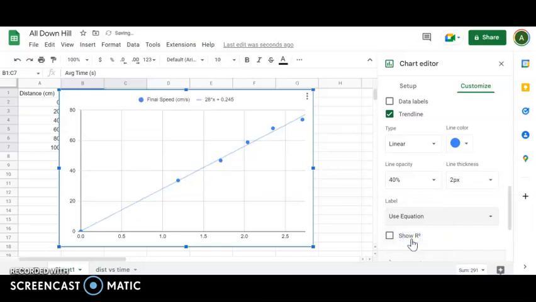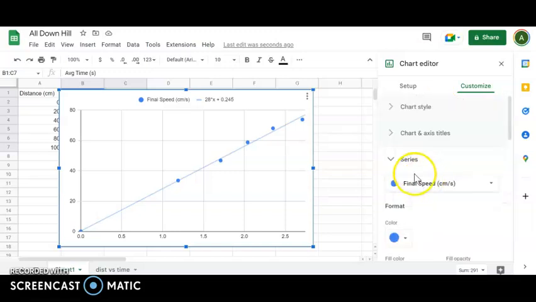We'll use an equation. All right, and now this says our final speed is going to be some constant times our time plus a very small correction factor. That's an indication that I wasn't entirely successful at always starting it from rest. And I probably should add chart and series titles.